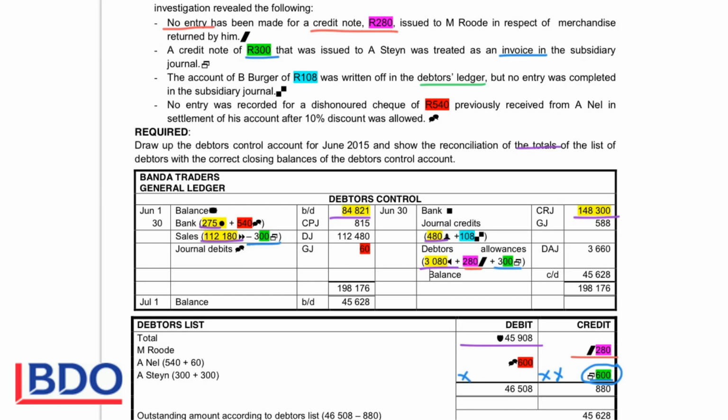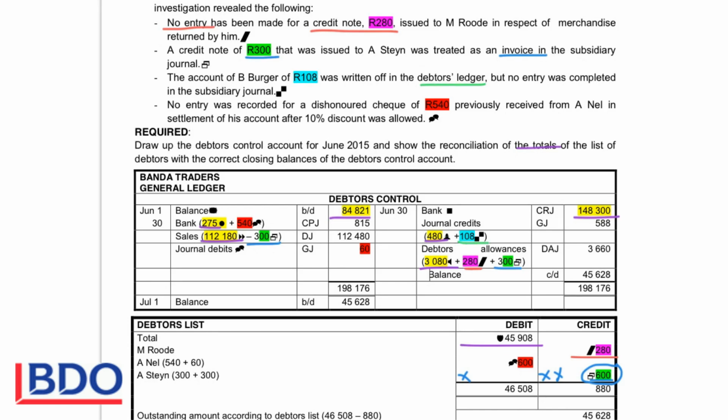Therefore, the total that was posted to the debtors control is incorrect. The account in the debtors ledger was written off. So that means that you will reduce the account of the debtors with 108 Rand. Bad debt is recorded in the general journal. Therefore, it will go under general journal as journal credits, the 108 Rand.